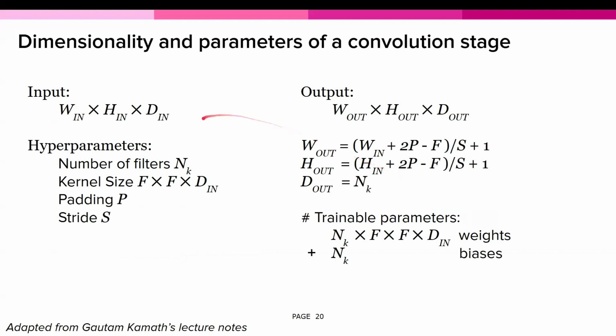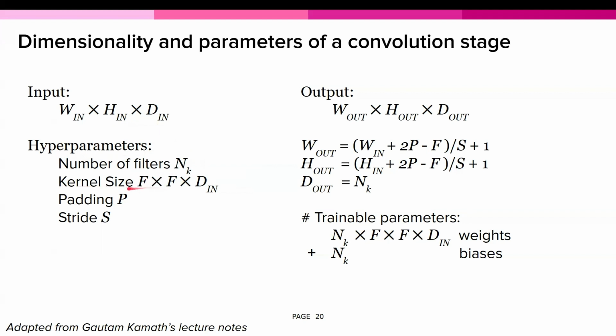If each convolution layer processes an input with a specific width Win, height Hin, and depth Din, then the output of the convolution layer is going to depend on a few choices of hyperparameters. First, the number of filters, NK, determines the depth of the output, as each filter is going to produce its own output channel.